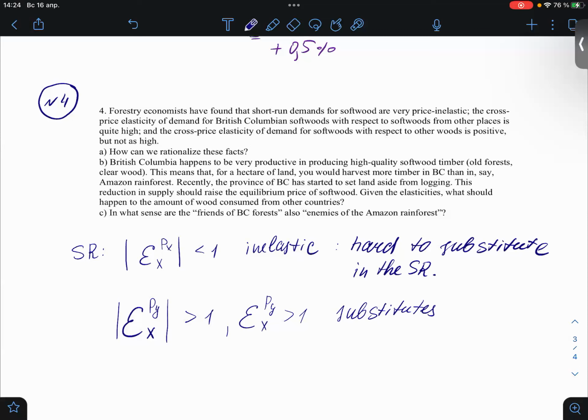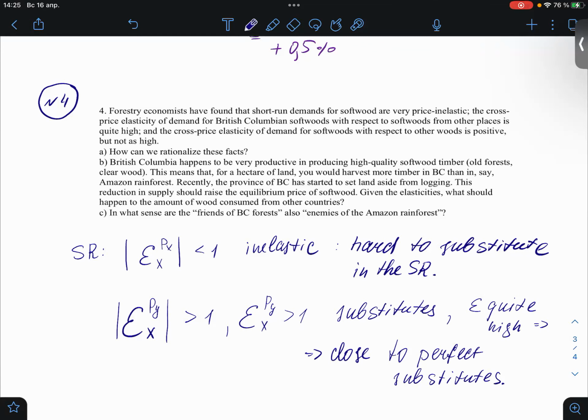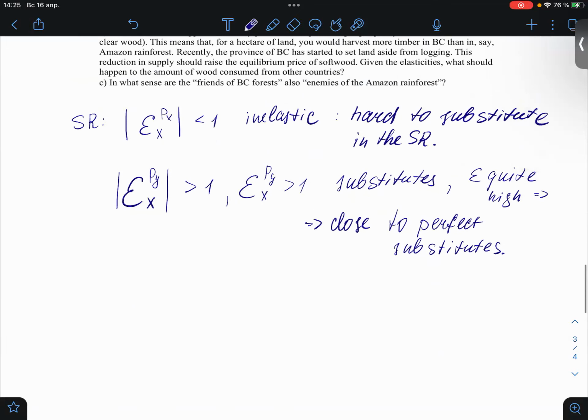And they are close to perfect substitutes because elasticity is quite high. Let's write down that X is softwood from British Columbia and Y is softwood from other places.